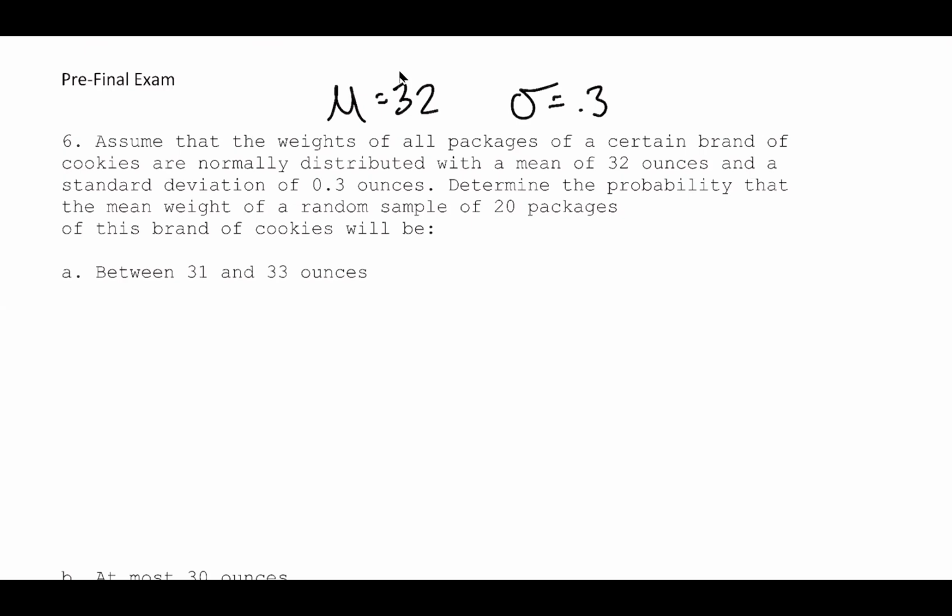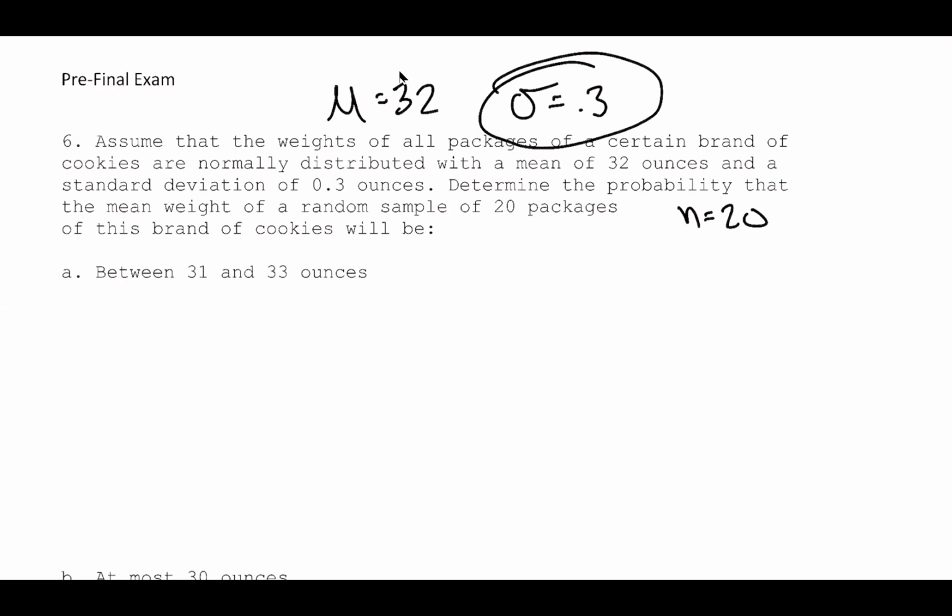Any question on how we got mu or sigma? All right. Also, if you look at the problem, they tell us we took a sample of 20. So that's very important because that means we have to adjust our standard deviation. The standard deviation is for randomly selecting one object or one package.